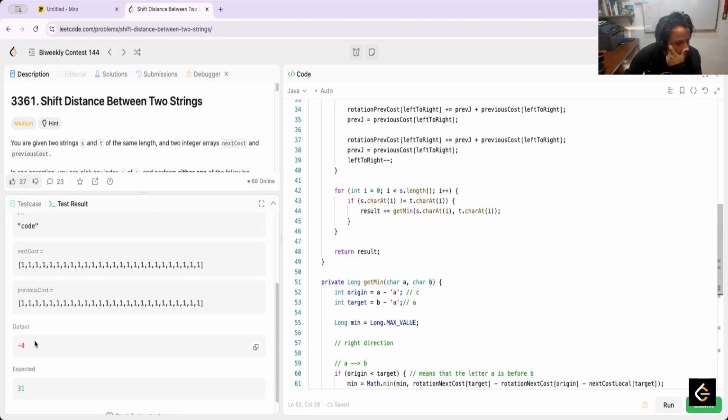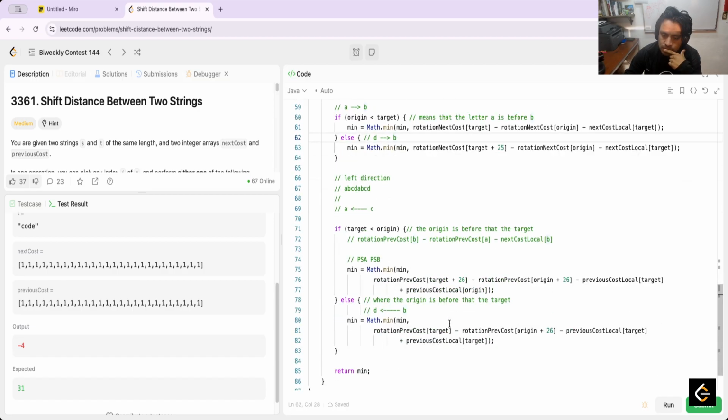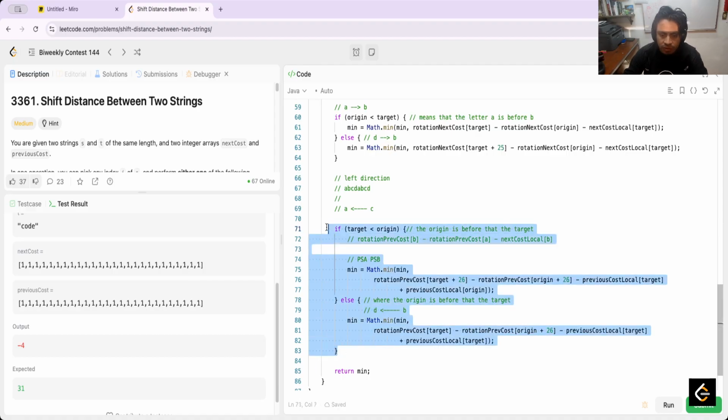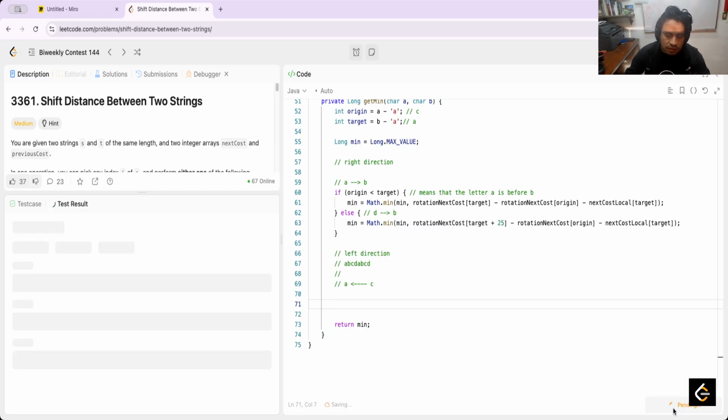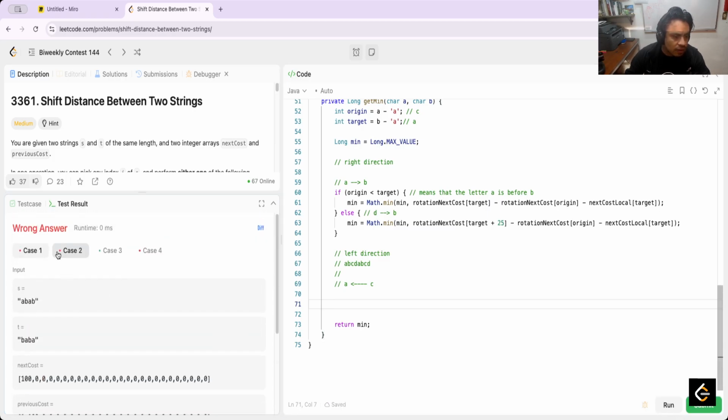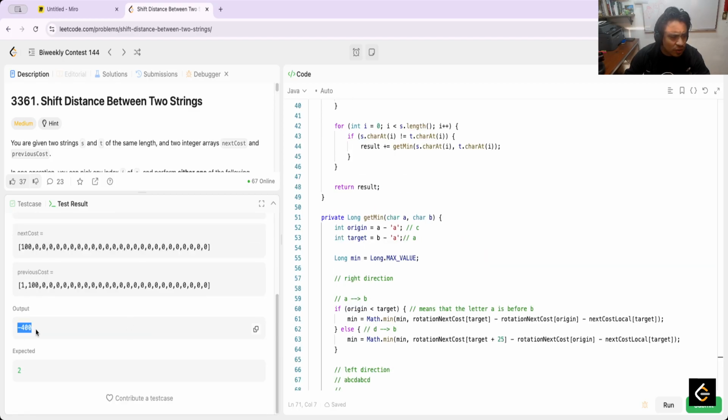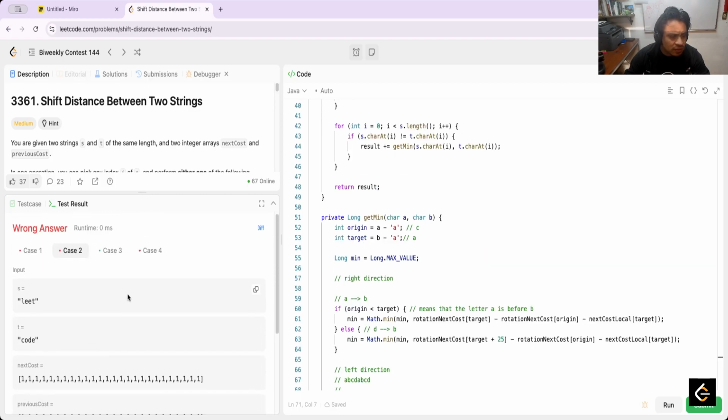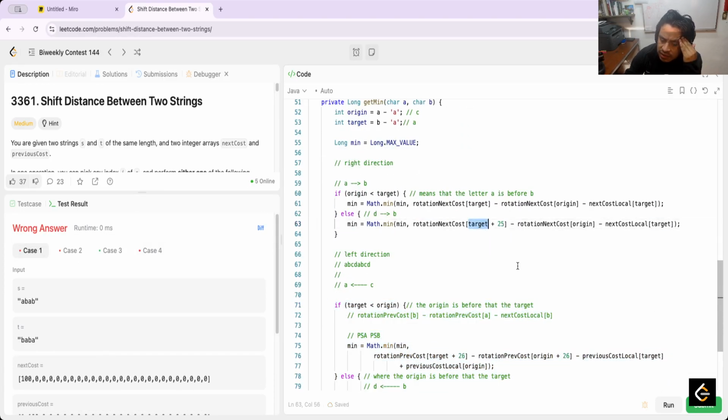Less 4. I think that is for the negative. Okay, let me comment this. Less 100. Why? What 100? Okay, means that is this.